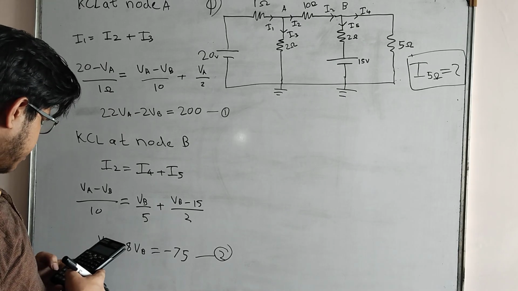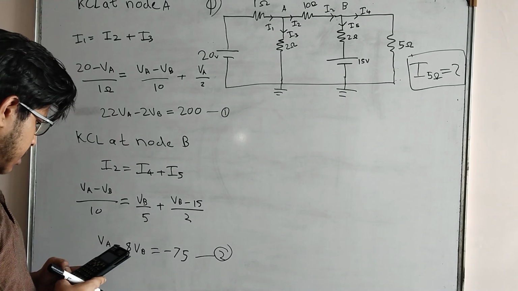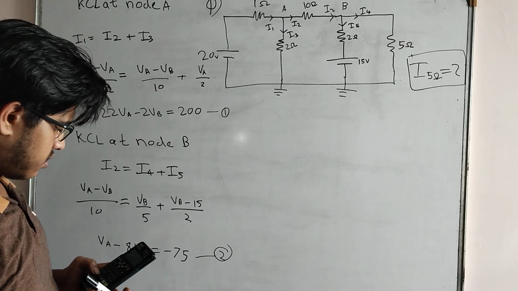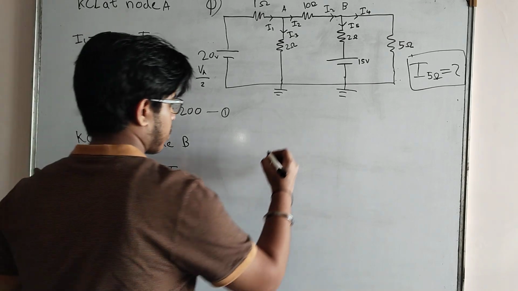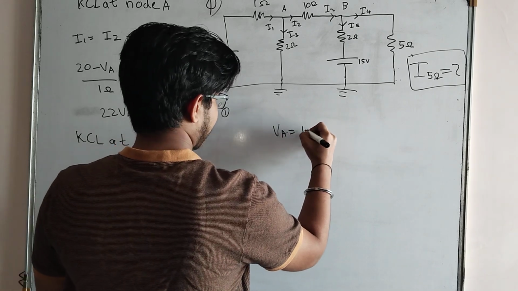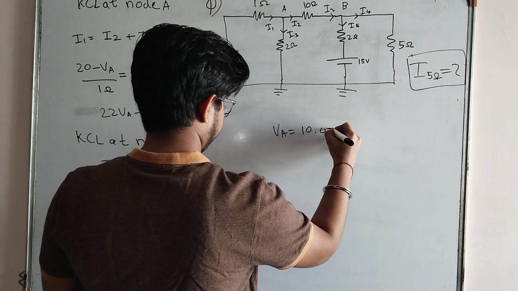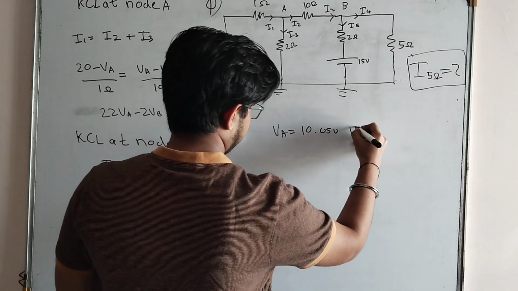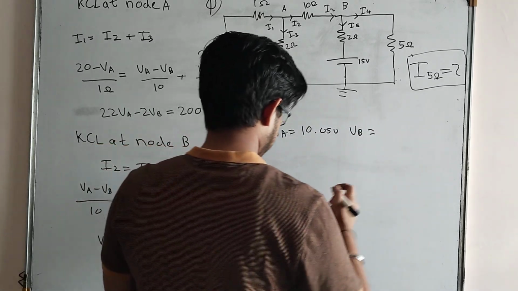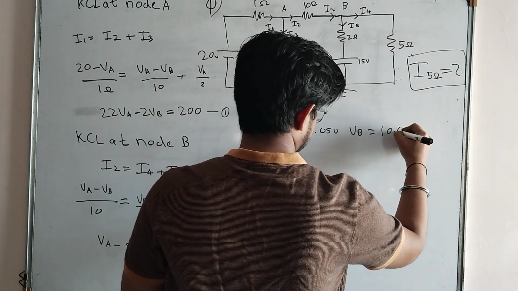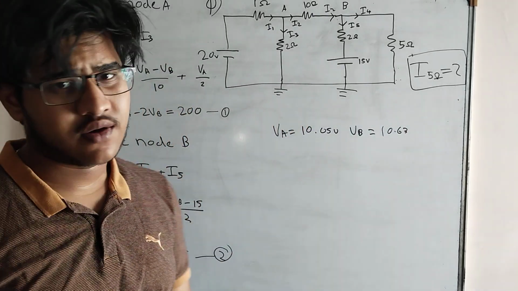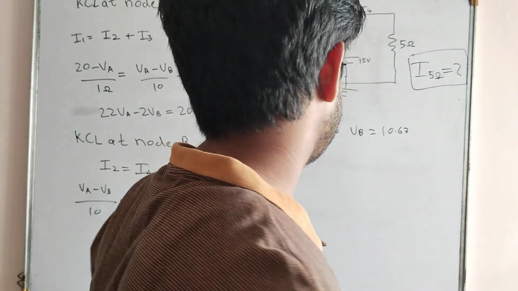Next is 1 minus 8 minus 75. On solving, my VA value is 10.05 volts and my VB value is 10.63. So now we have got VA as well as VB.